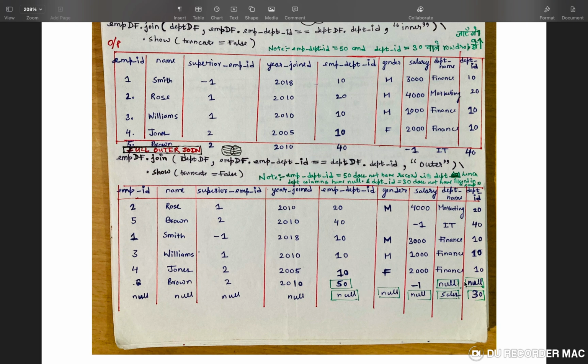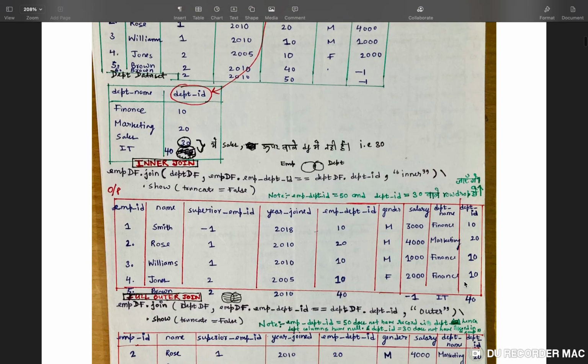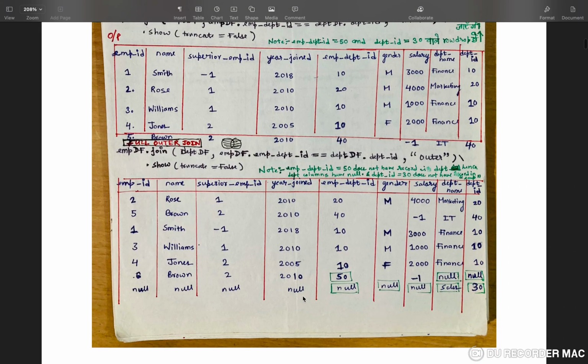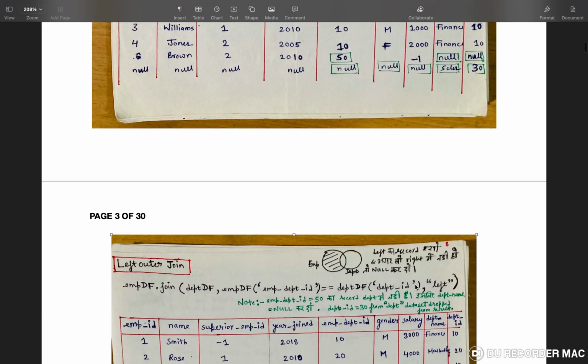And employee department ID 30, the data are not present in the employee data set, so these are going to be filled as null, right? So 30 was present only in the department, so that's why all get null. That's it. Let us come to another join.